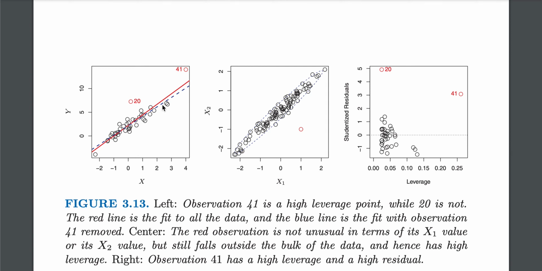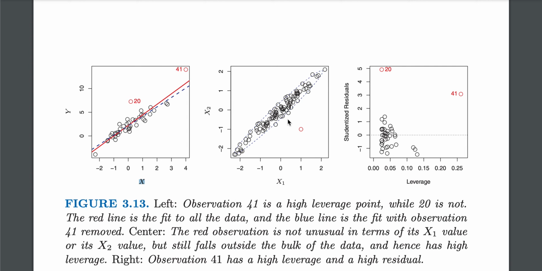It is easy to detect such points when the number of predictors is 1 or even 2, because when it's 2 you can still create a scatter plot and then detect a point which is away from the scatter plot.